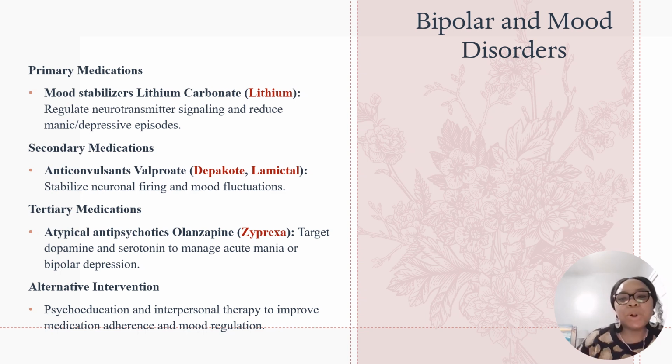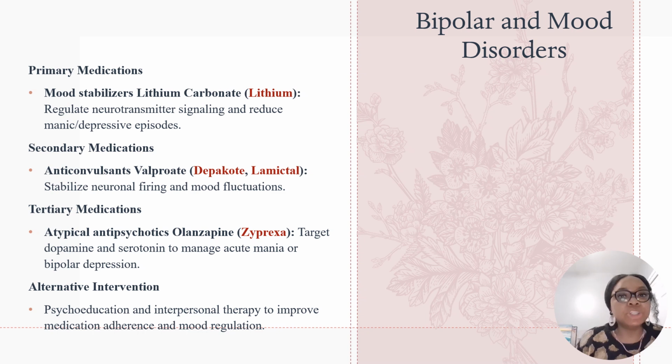Next, we have our bipolar and mood disorders. So our primary, secondary, and tertiary medications are all listed here. The primary, lithium, regulates neurotransmitter signaling and reduces manic depressive episodes. Secondary medications may be called Depakote and Lamictal, which aim to stabilize neural firing and mood fluctuations.